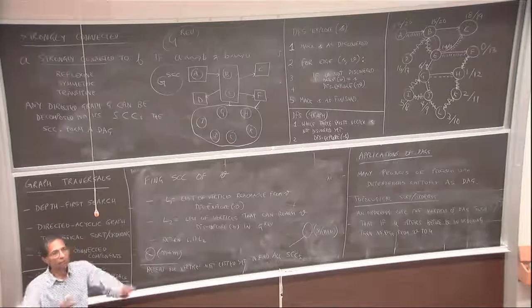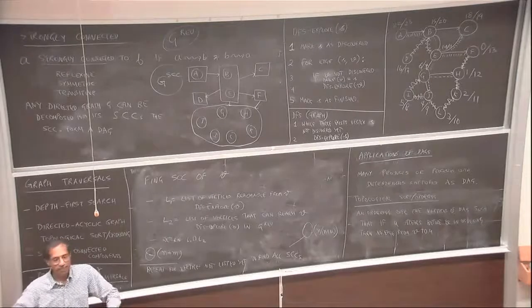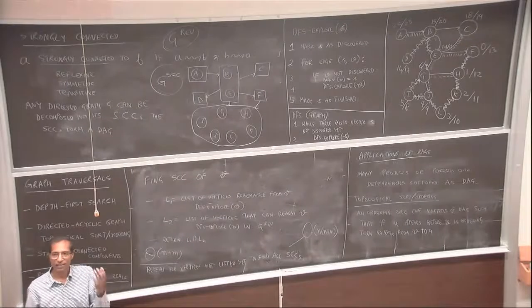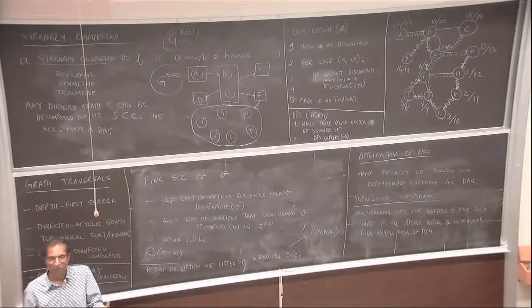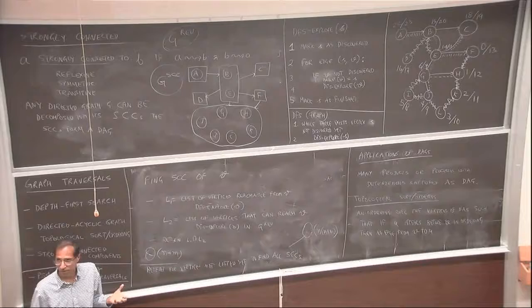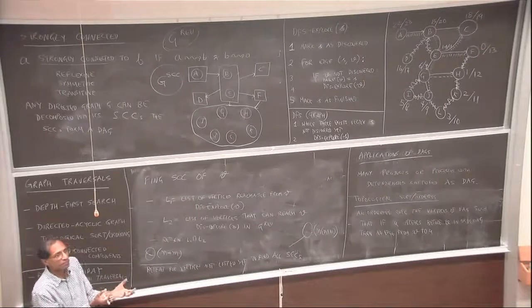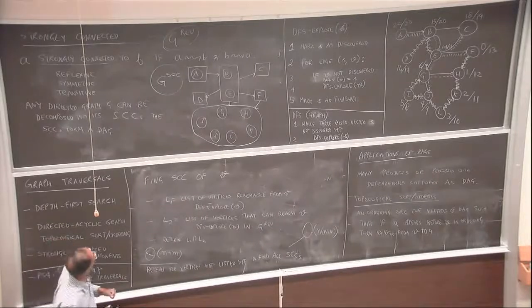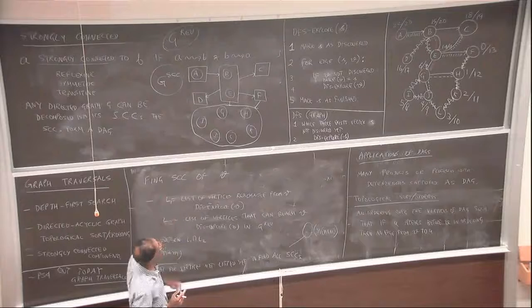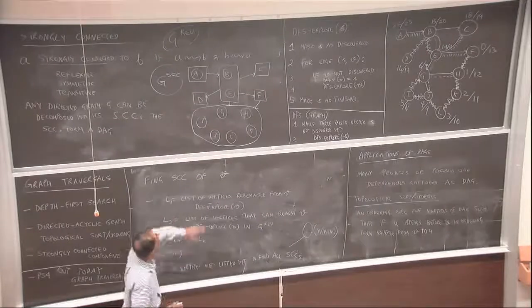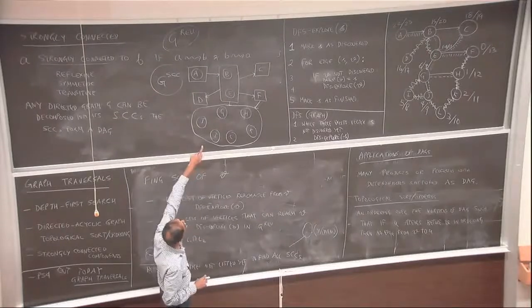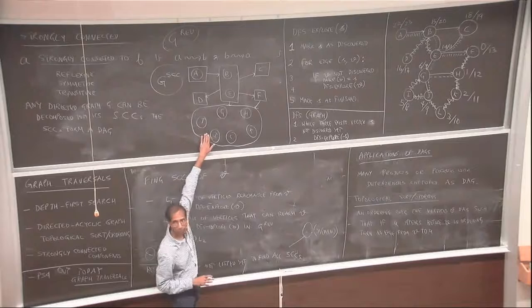So from A you will go ahead and visit everybody, and then you will find after you come back that the only vertex that was part of A's strongly connected component was A. So you spent all this linear time where you actually discovered a lot of things, but at the end you just gave A. Then we might run it on, let's say, B. From B you go ahead and visit all of these, remember if you do a DFS from B, you're going to go through all of these.